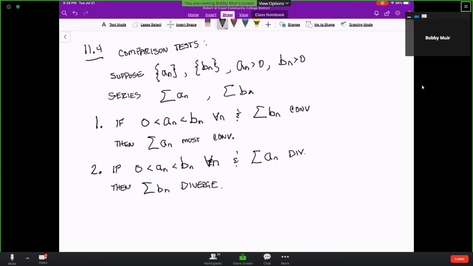So the a sub n's are adding up to infinity. Remember, everything's positive here. So diverging means you're going to add up to infinity. You only get weird things when we start doing alternating and negative stuff, and that's the next section.